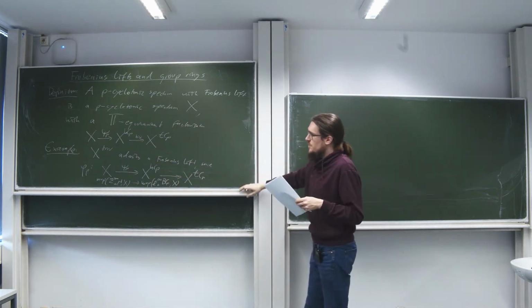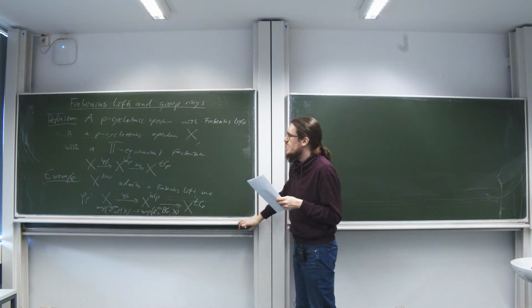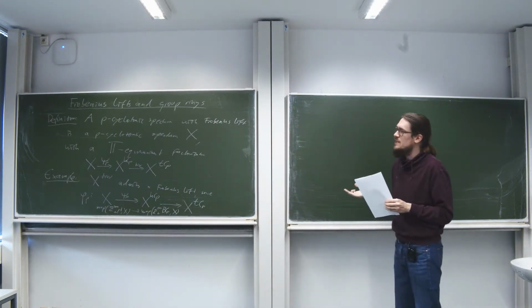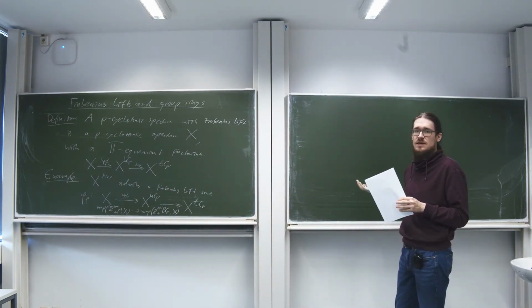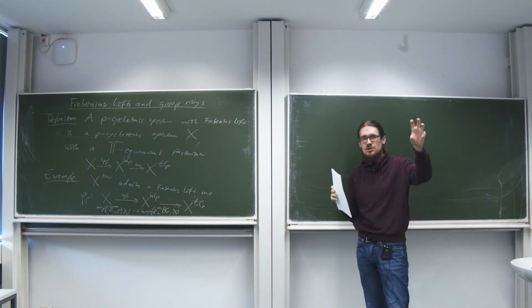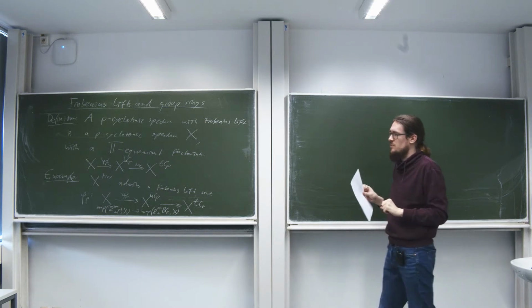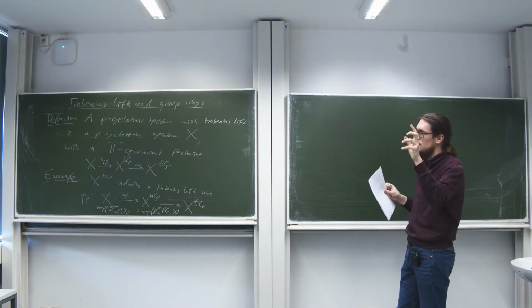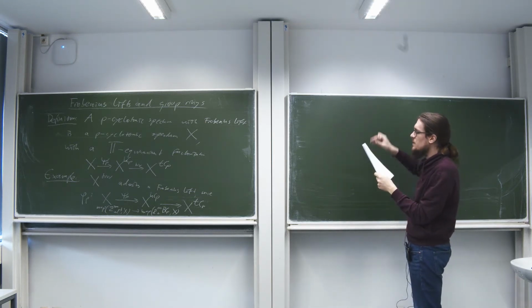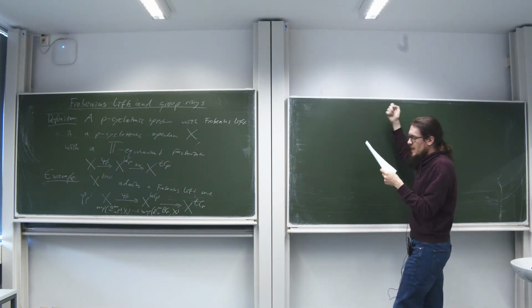So given such a Frobenius lift, we can actually reformulate the formula for TC in terms of an equalizer between the Frobenius and the canonical map from TC minus to TP. And how do we do that?